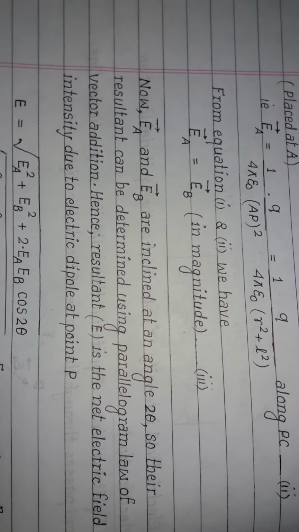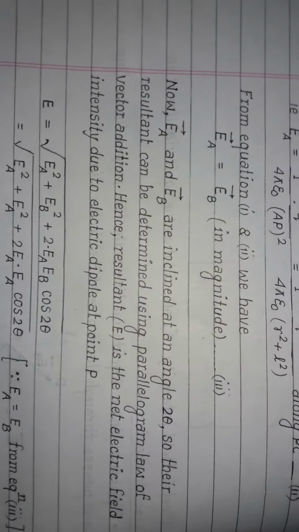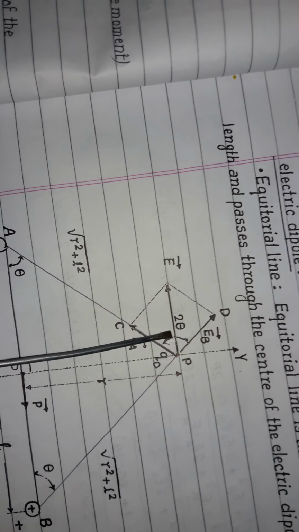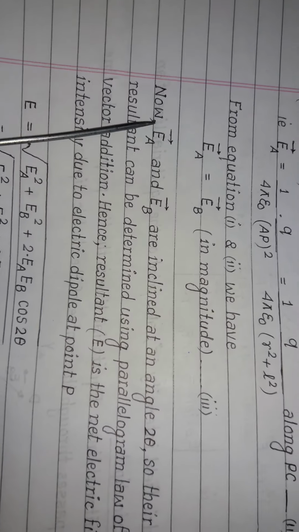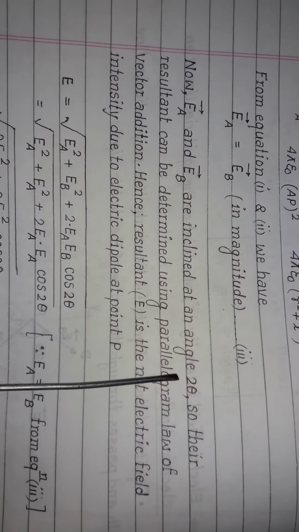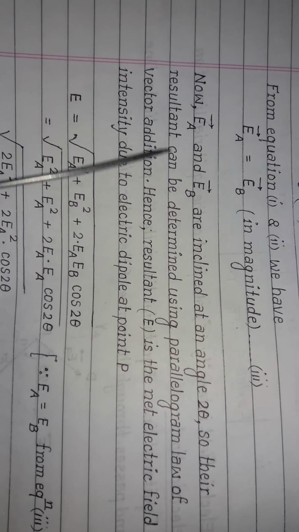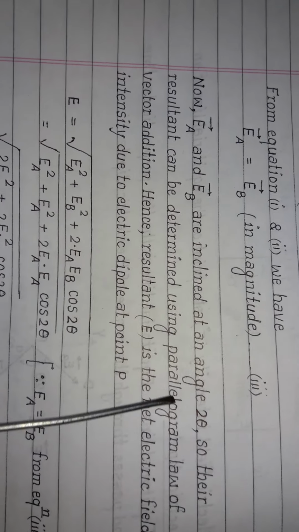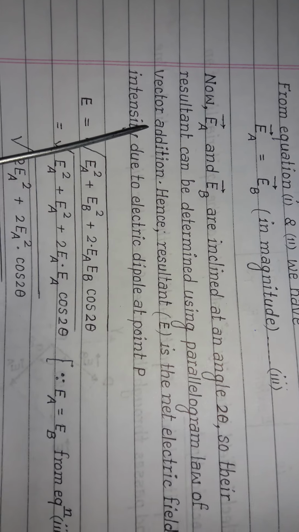Now E_A and E_B, look at the diagram, the angle between E_A and E_B is 2 theta. Since E_A and E_B are inclined at an angle 2 theta, their resultant can be determined using the parallelogram law of vector addition.